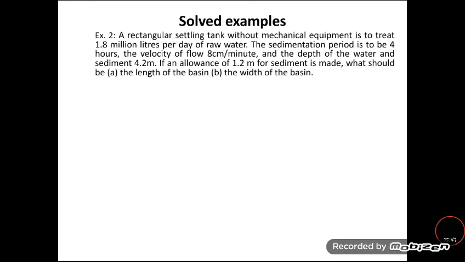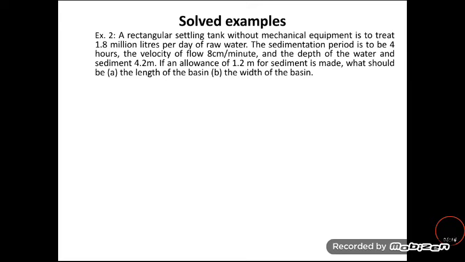Next problem: a rectangular settling tank without any mechanical equipment is to treat 1.8 million liters per day of raw water. The sedimentation period is to be 4 hours and the velocity of flow is taken as 8 centimeter per minute. Here the depth of the water and the sediment is 4.2 meter.